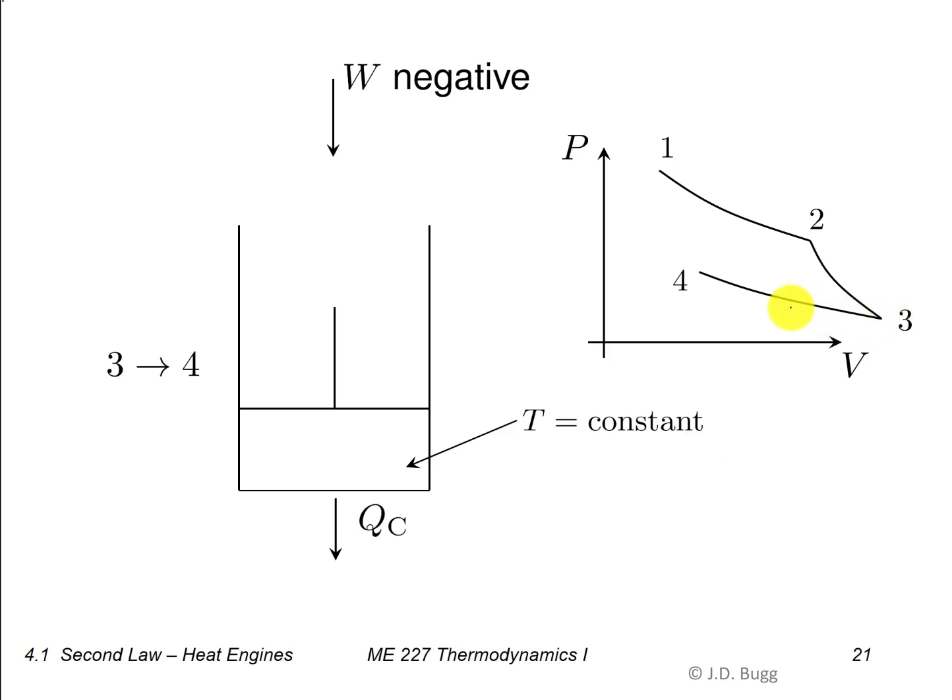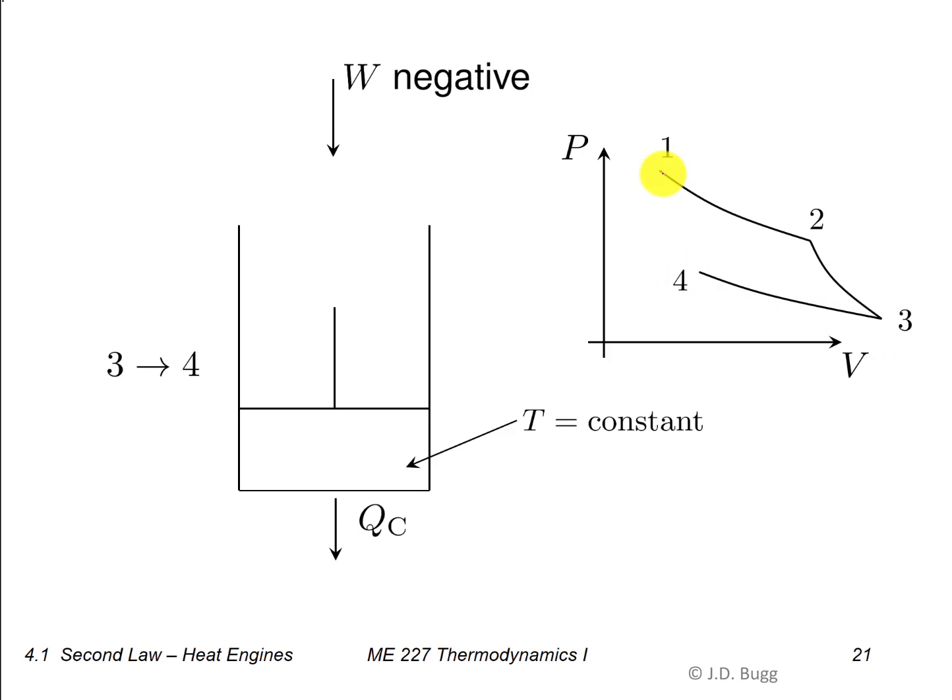And so another isotherm: 1 to 2 is an isotherm, 3 to 4 is an isotherm, and we recompress partially. Notice 4 is not immediately underneath 1, the volume is still larger. Now remember, our goal here is to get back to point 1. Well, we're not going to get to point 1 if we continue along this isotherm. We need to do something to get back up to this point.